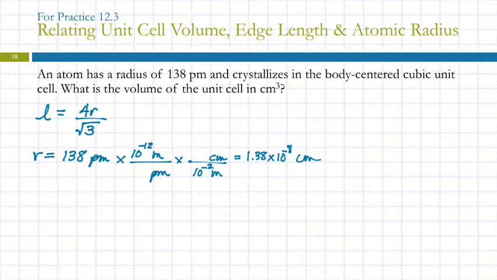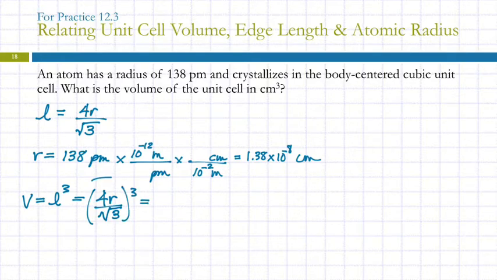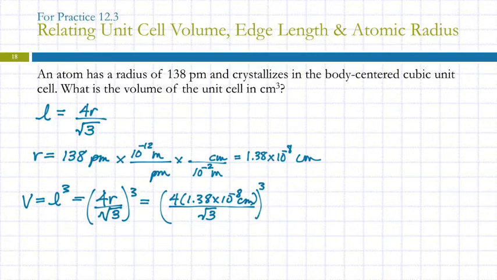That cubed, right? So the volume of this is equal to L cubed, which is 4R over the square root of 3, cubed. So 4 times R, 1.38 times 10 to the minus 8 centimeters, divided by the square root of 3, that quantity cubed.